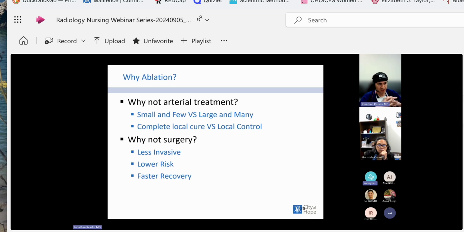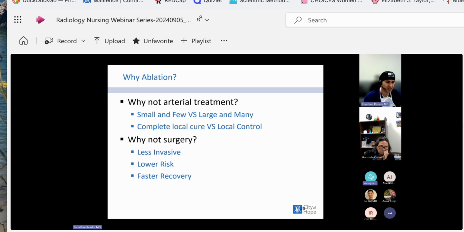So why do we do ablation, right? So we just talked a lot about the arterial therapies. Again, we're not just talking about HCC here, but we're going to use it as a jumping off point. When you have lots of tumors or very big tumors, the arterial therapies can be very effective.